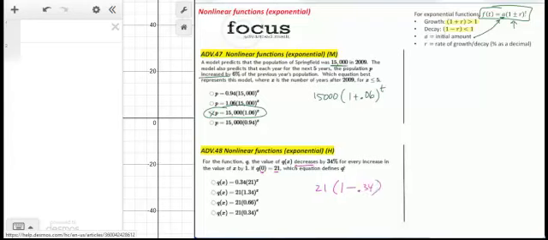Our decrease of 34% is minus 0.34 for every increase in x. And so our power is x, or every increase of x by 1. And so here is our exponential model with this decay. And if we take 1 minus 0.34, we get 0.66. And we see, once again, our answer choice is this third option.